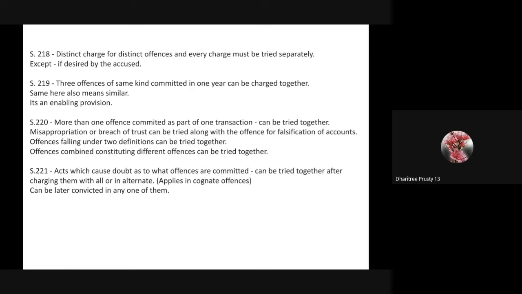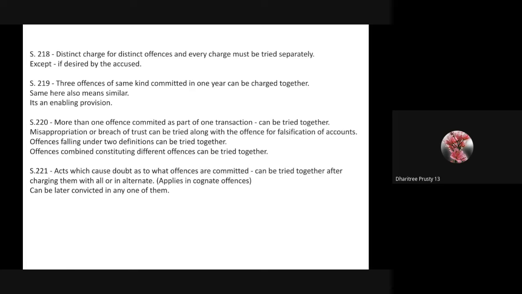219 says that three offenses of the same kind committed within 12 months or one year can be charged together. That means within a period of one year, if there are offenses of similar kind, then those can be tried together. When I say can be, it's an enabling provision.